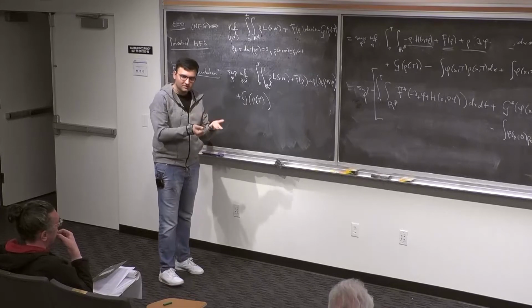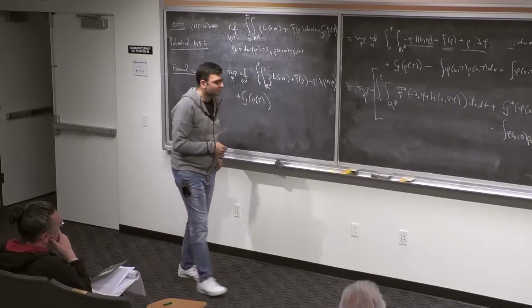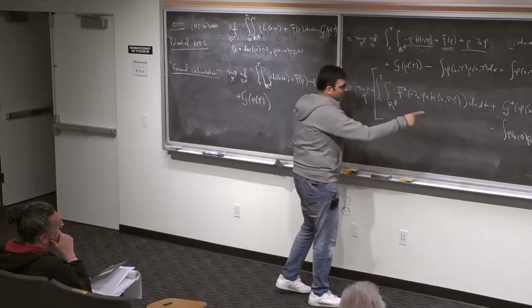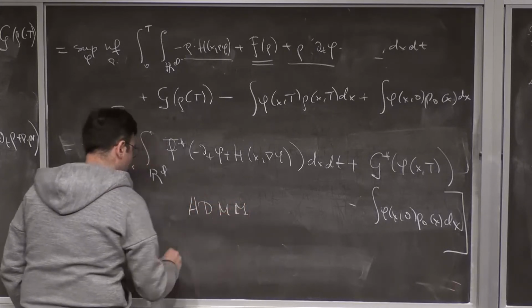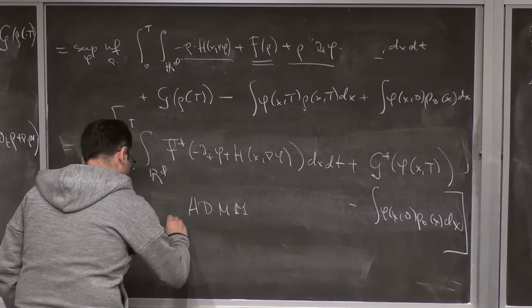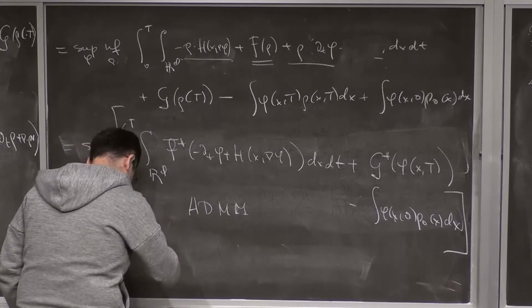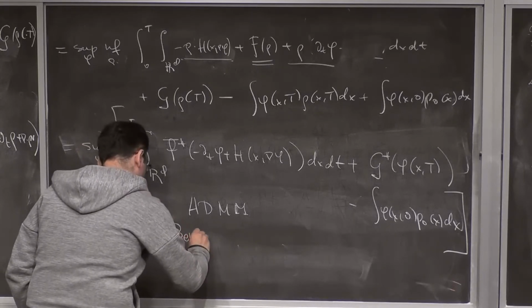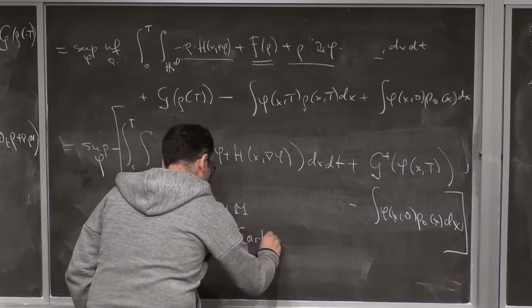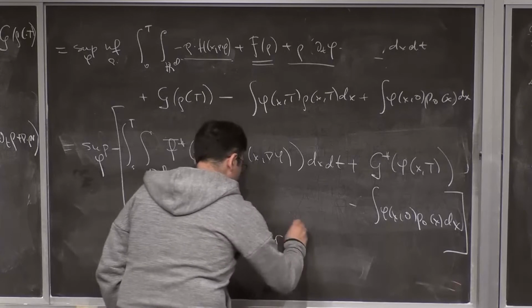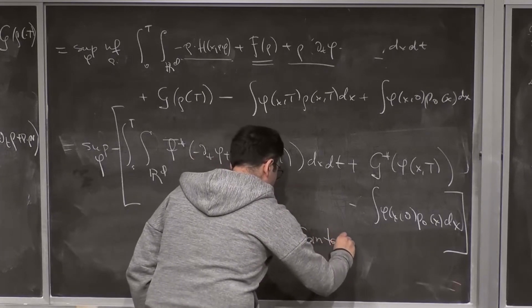And so we can solve it by convex optimization methods. And in this form, actually the most commonly used method is ADMM, which you can find in the paper by Benamou, Carlier, and there is also an article by Sant'Ambrogio.